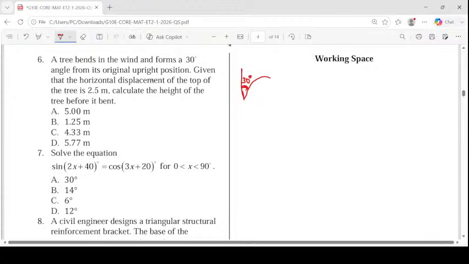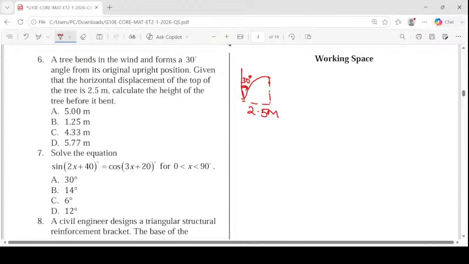This angle is 30 degrees from the original position. Given that the horizontal displacement of the top of the tree, that is the distance from this particular point, is 2.5 meters.